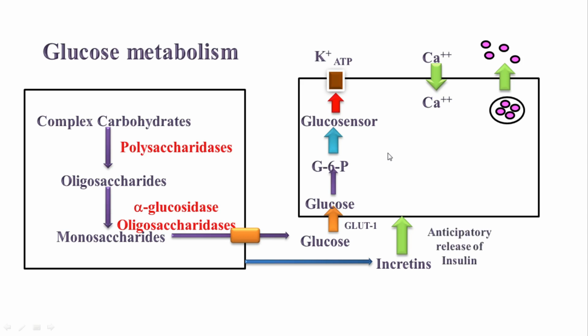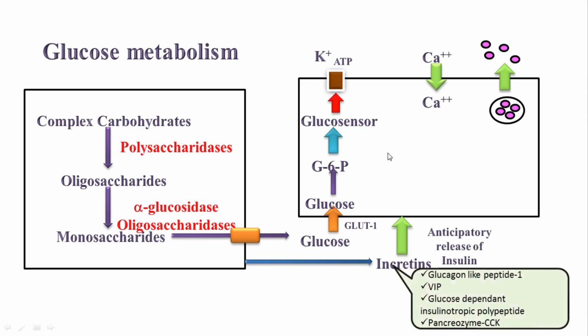Very soon the scientists realized that what they are calling incretin is not one chemical, it is a bunch of different chemicals such as glucagon like peptide 1, vasoactive intestinal peptide, glucose dependent insulinotropic polypeptide, and pancreozyme CCK, to name a few.